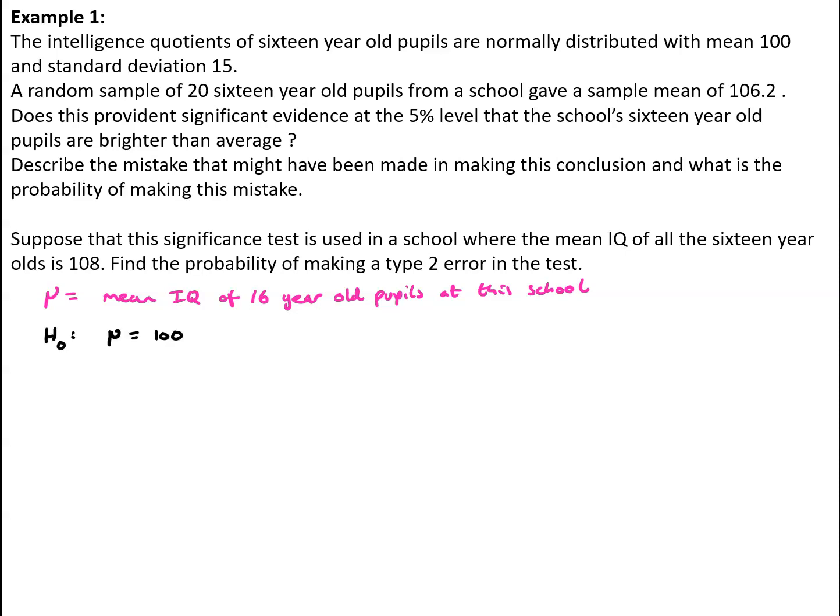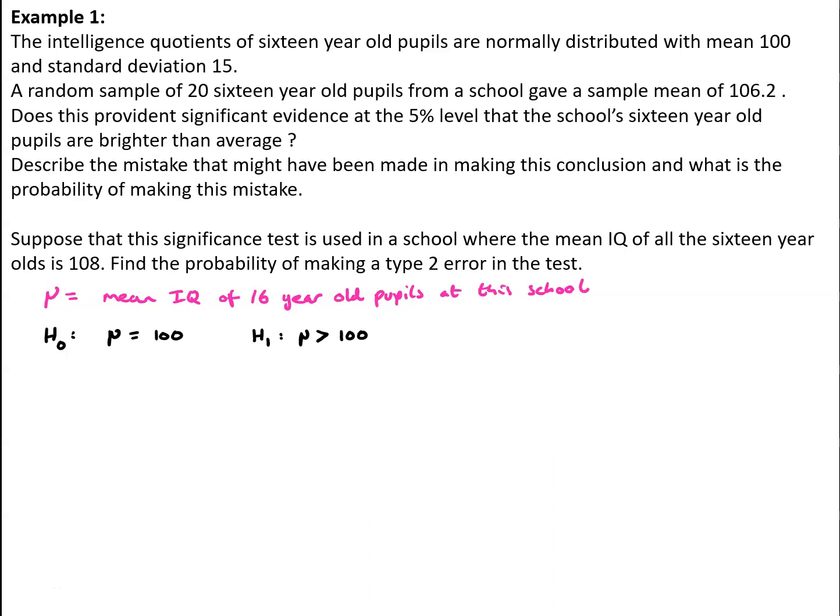The first one being that the school is no different from the national figures of 100 for the mean value, and the alternative hypothesis is that the school's pupils are brighter than the normal, in other words that mu is greater than 100.